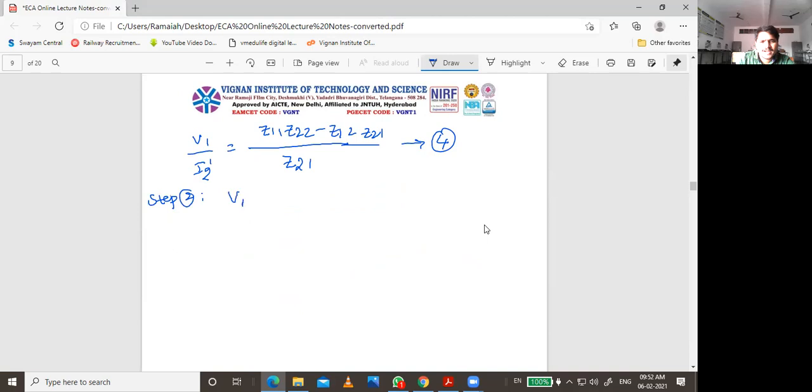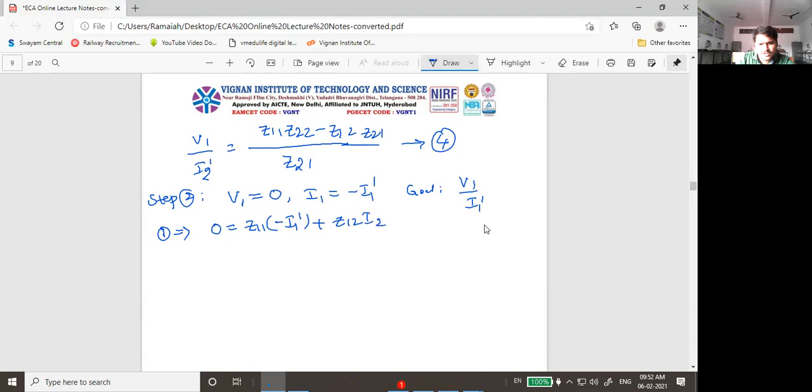Now short circuit port 1, that is V1 equal to 0, and this time I1 will become minus I1 dash. Now what is our goal? The goal is to find out V2 by I1 dash. So from equation 1, V1 equal to 0, that equals Z11 I1, where I1 equals minus I1 dash, plus Z12 I2.